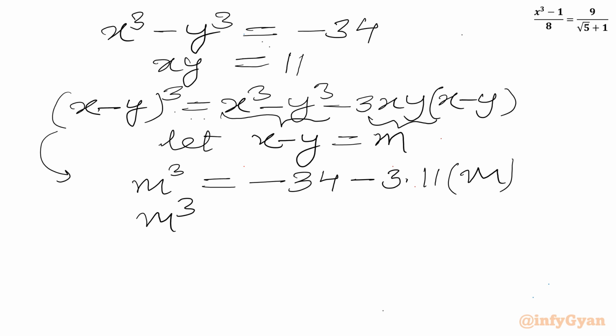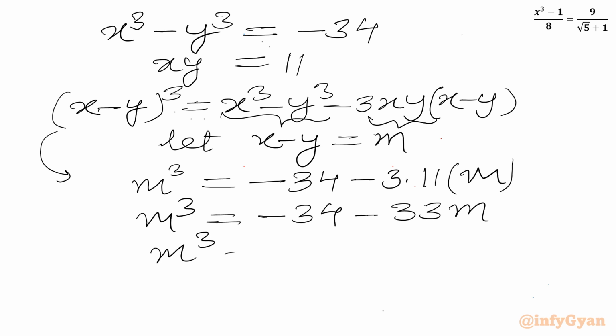M cube equal to negative 34 minus 33m, or we can write m cube plus 33m plus 34 equal to 0.